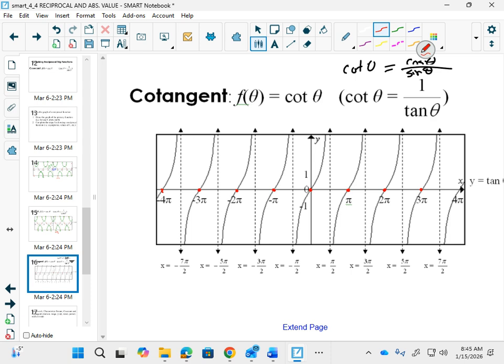So whether we graph cotangent as 1 over tangent or as cos theta over sine theta, we would have all of those as non-permissible values.